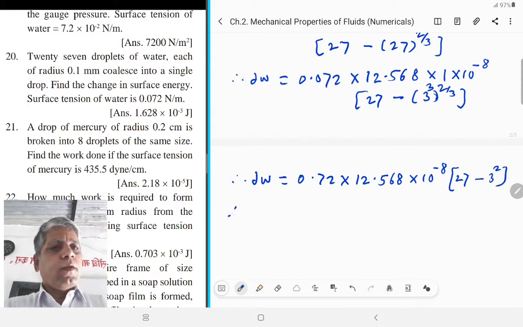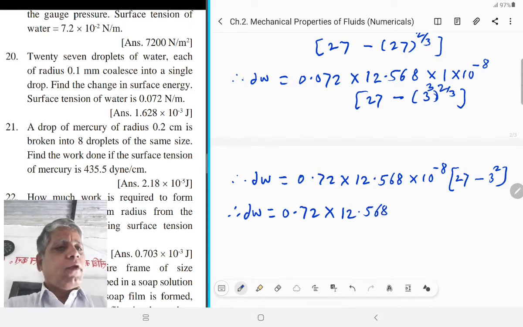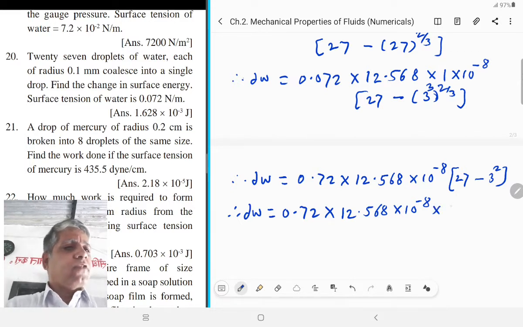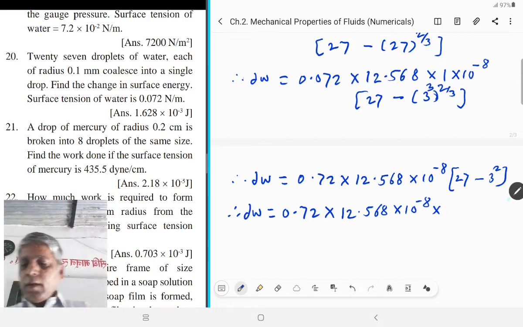Therefore change in surface energy is equal to 0.72 into 12.568 into 10 raised to minus 8 into 27 minus 9, that is 18.